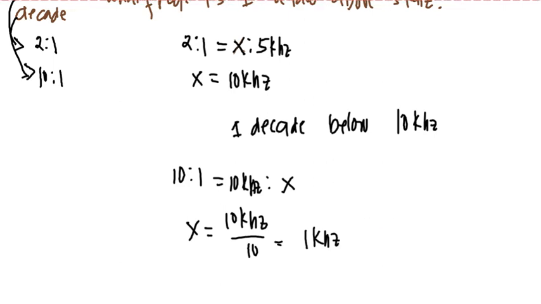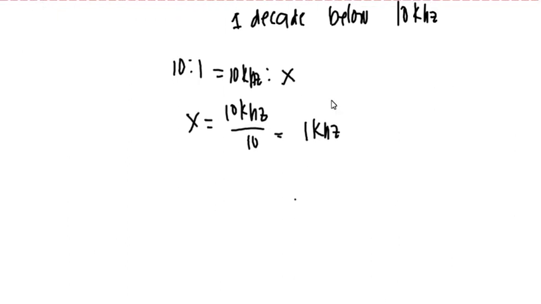What if, for example, you are asked to solve for the frequency which is 2 octaves below 2 kilohertz. Okay, below 20 kilohertz. So what is the frequency which is 2 octaves below 20 kilohertz?